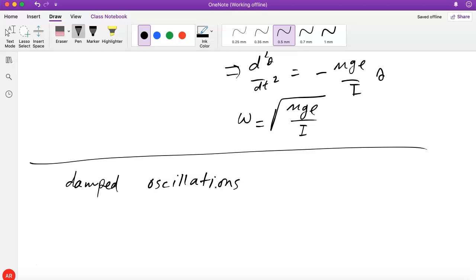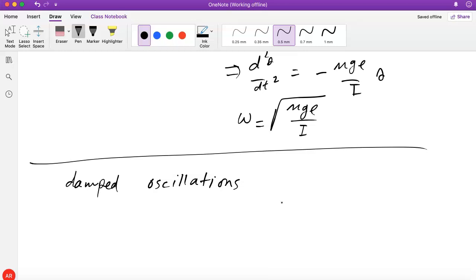And that's not realistic, right? In most realistic systems, there's some type of friction or drag force which takes away energy from the system. The system heats up as it moves, and it's going to lose its energy and eventually stop moving.